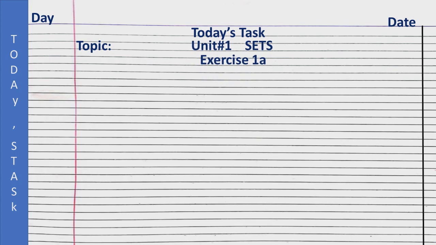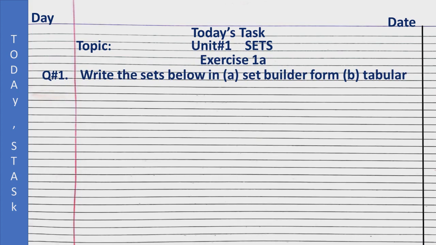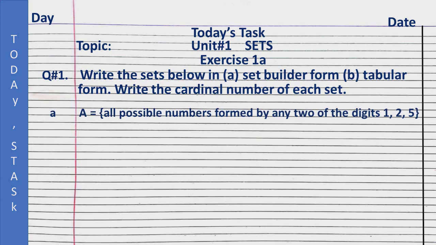Let's start exercise number 1A. Come to the question number 1. Write the sets below in set builder form, tabular form and write the cardinal number of each set. So let's start. The part A of question number 1. Set A is equal to all possible numbers formed by any two of the digits 1, 2 and 5.